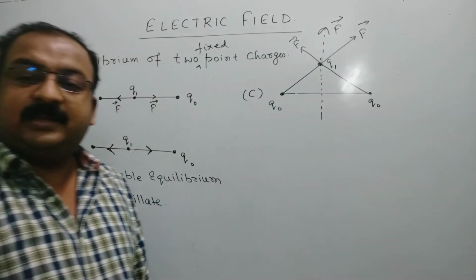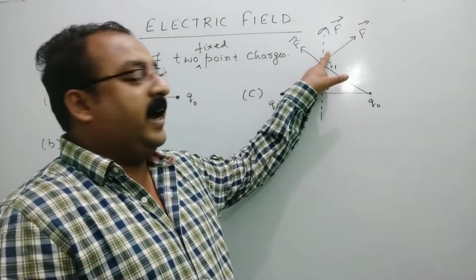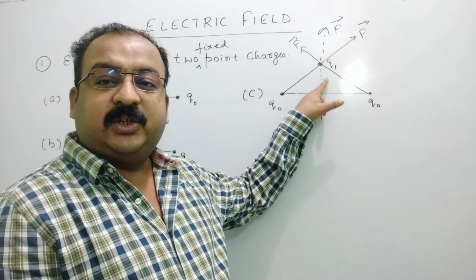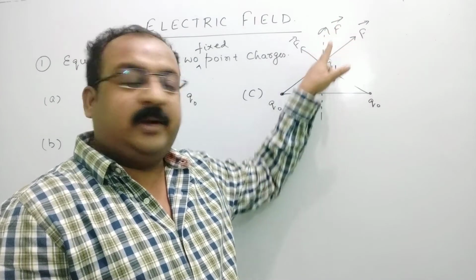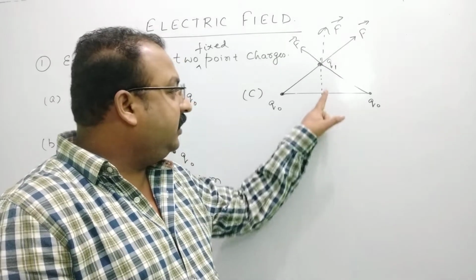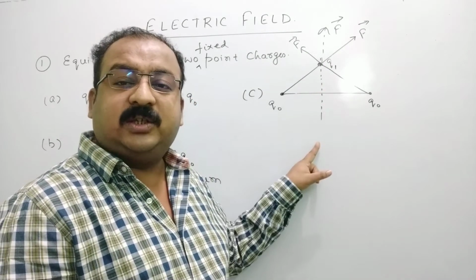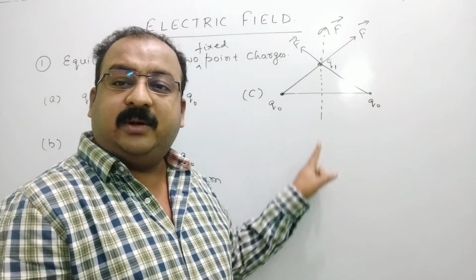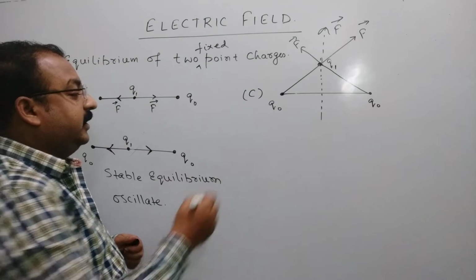Because repulsive forces are acting here, the direction of the resultant force on charge Q1 is in this direction. So it will try to move away from the center. Either you consider the position below the system of charges, the situation will remain the same.